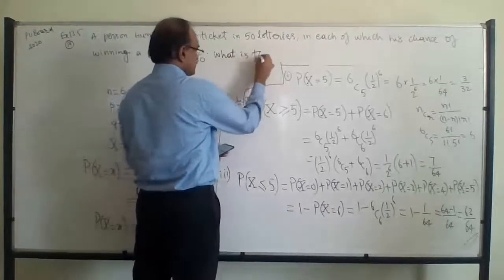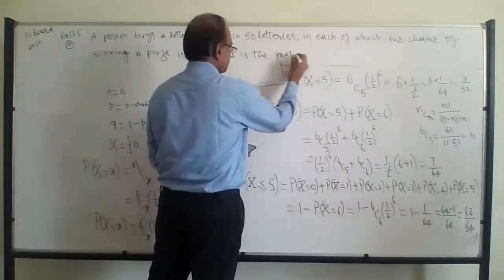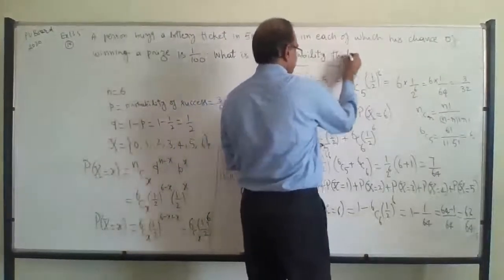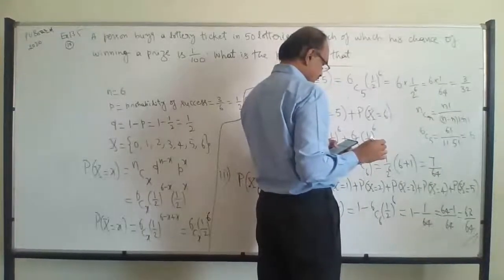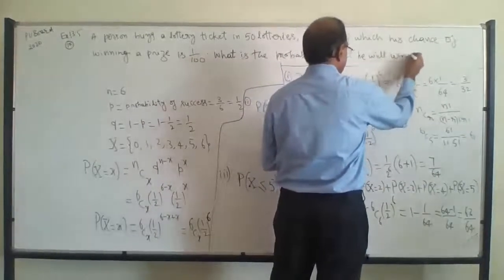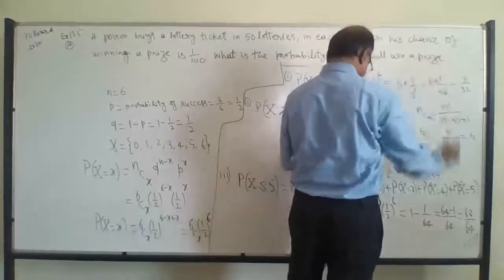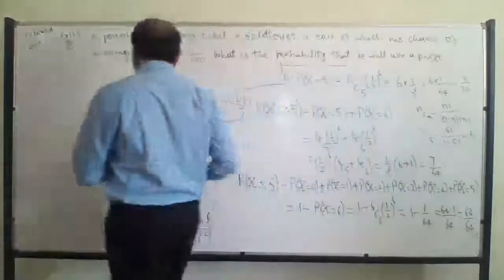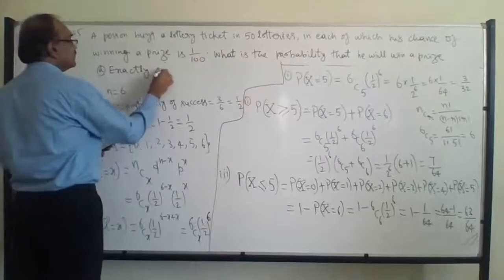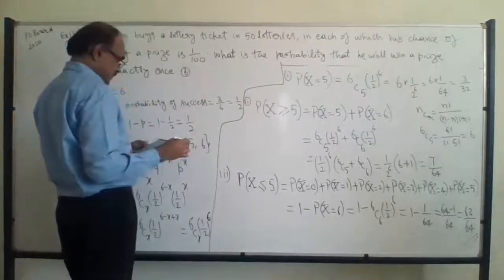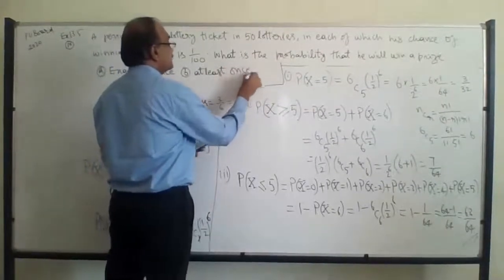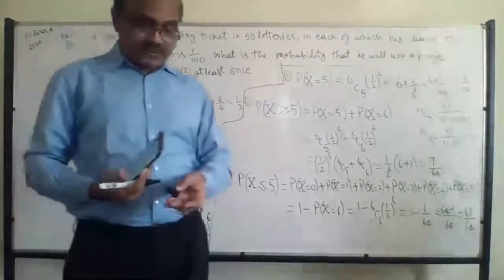What is the probability that he will win a prize: A, exactly once; B, at least once? Please try to do it.